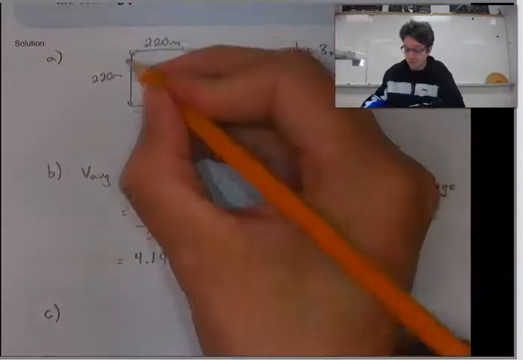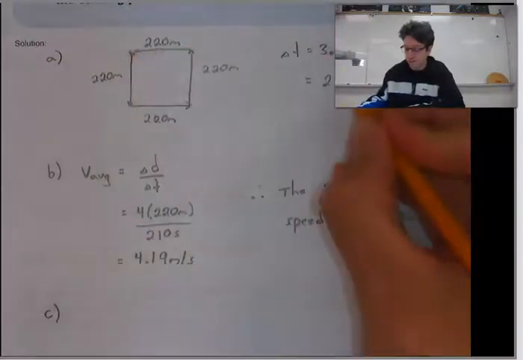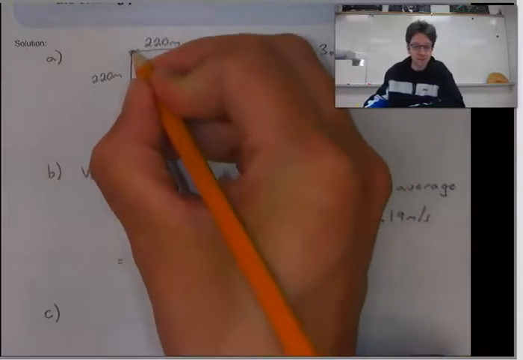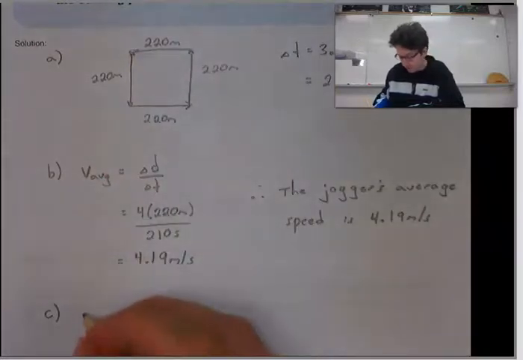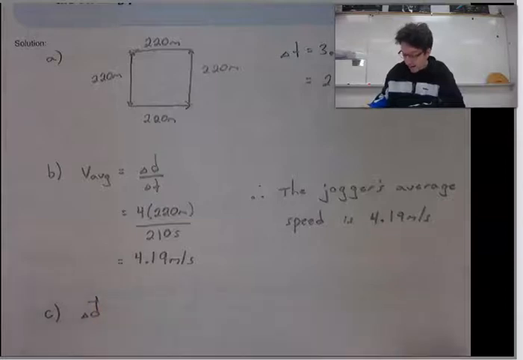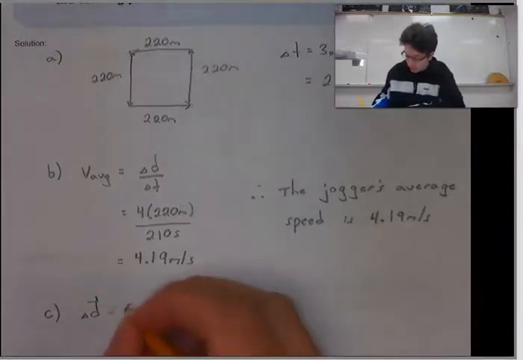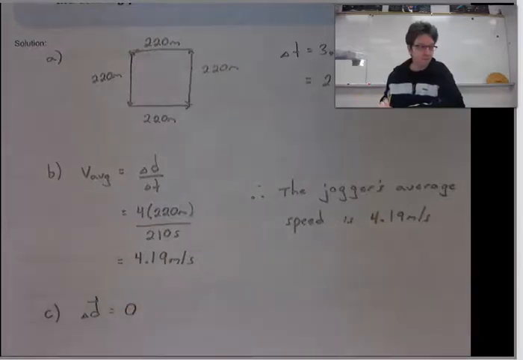For somebody who looked at you and then closed their eyes for 210 seconds and then opened their eyes, it's you in the exact same spot, they would say, nah, you didn't move. And for a vector quantity, that's the truth. Your displacement is 0.